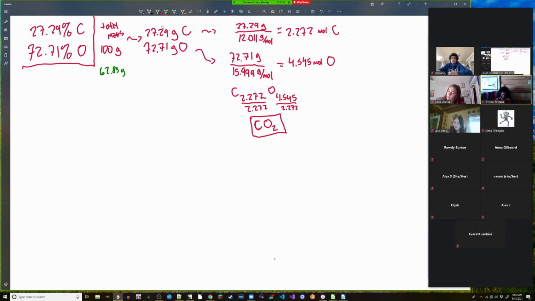If you were feeling particularly weird that day, there's no particular reason to choose this number. But you'd find out what 27.29% of 62.83 is, and that'd be your grams of carbon. You'd find out what 72.71% of 62.83 grams is, and that'd be your particular amount of oxygen. I don't know why you would choose anything other than 100, right? It makes the math so easy.